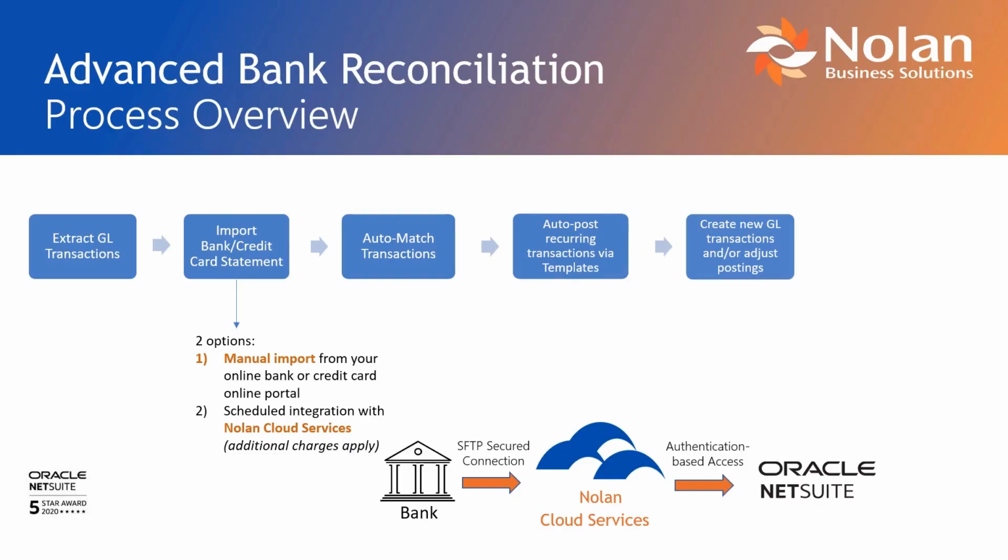Last but not least, so far we've pretty much automated everything, hence why we're calling it auto match and auto post. So once the rules are all set up for those two functions, the idea is that ABR is taking care of a good percentage of your transactions, leaving you truly to focus on the last step here, looking at what the one-time adjustments are that are required to finally bring our GL in line with our bank statement.